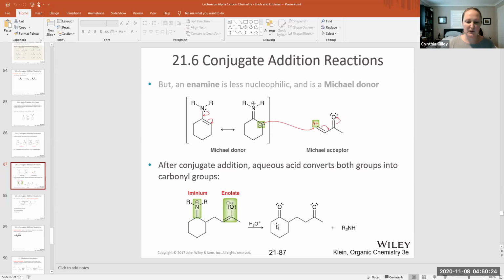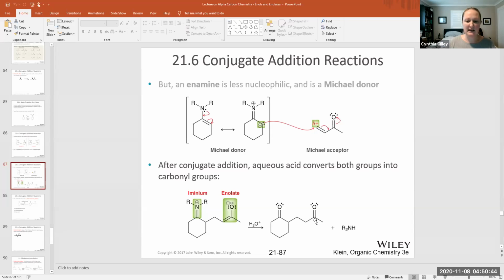So we're able to make this carbon-carbon bond without having a doubly stabilized enolate as our nucleophile. Instead, only one carbonyl is present, not two, when we convert the ketone first to an enamine.